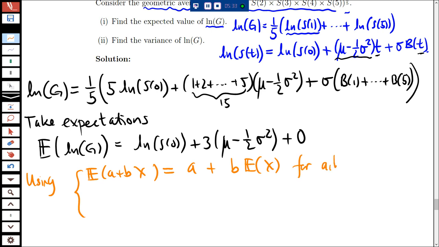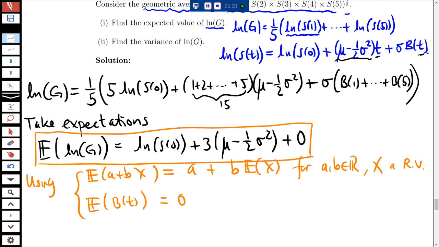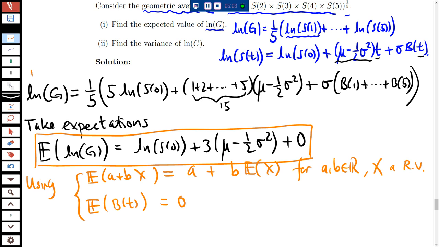This always works for real numbers a, b, and x, just any random variable. And of course, the result, which I almost forgot, the expectation of each of the b's is equal to 0. Okay, so that gives us this result. Okay, so that is part I.